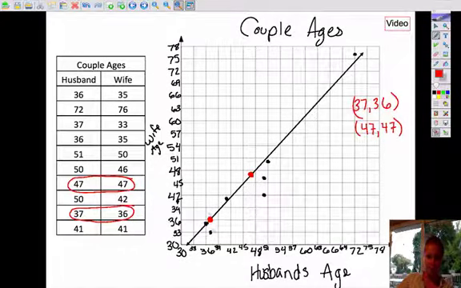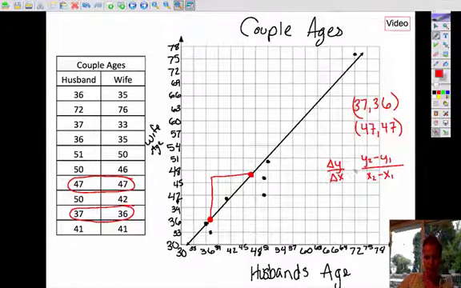Okay, so to calculate slope, we know that we do the rise over the run, and that can be y2 minus y1 over x2 minus x1. That's just the change in y's over the change in x's.